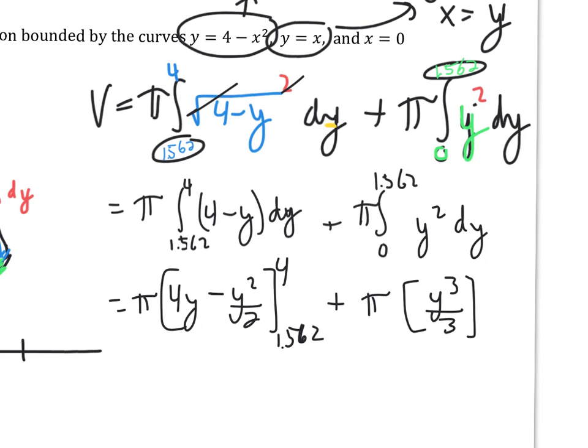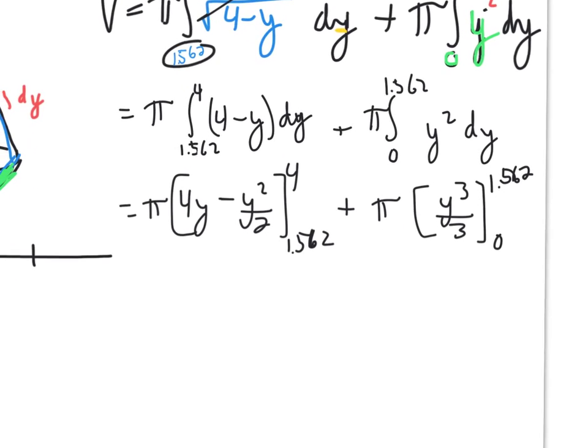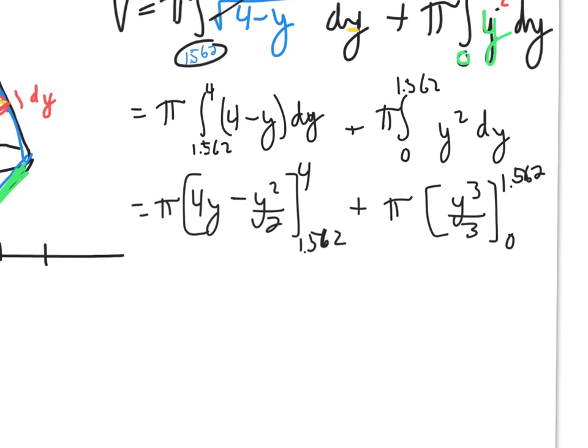I've got the antiderivative y cubed over 3, and I'm evaluating that from 0 to 1.562. At this point, we've got decimals. You probably want to grab your calculator. So grab your calculator, see if you can compare, and take a minute, pause the video, see what you can get. I'm going to say that on the left-hand side, I'm getting an answer of 2.972 pi.